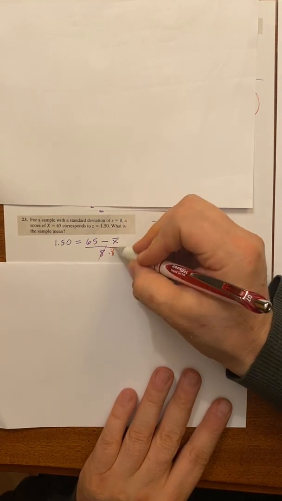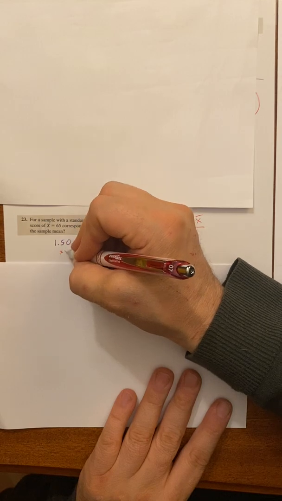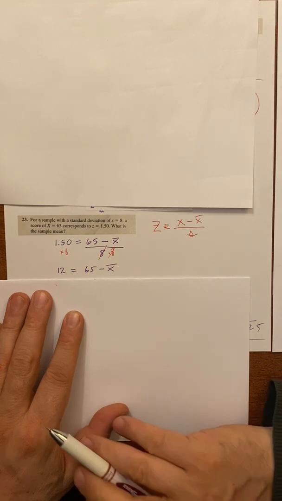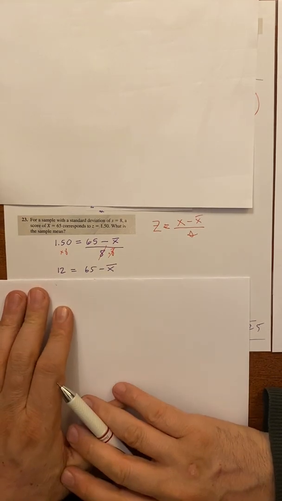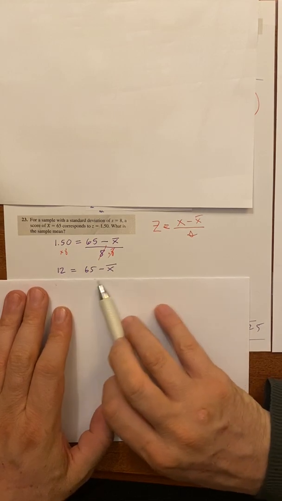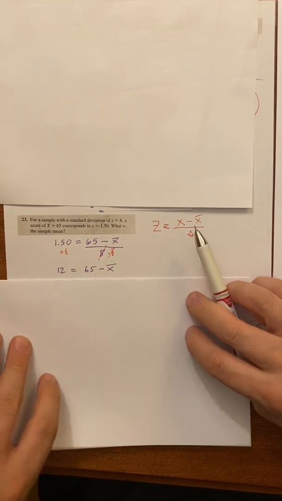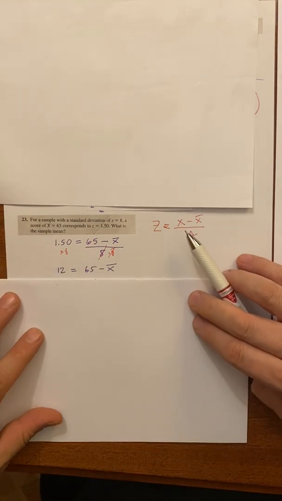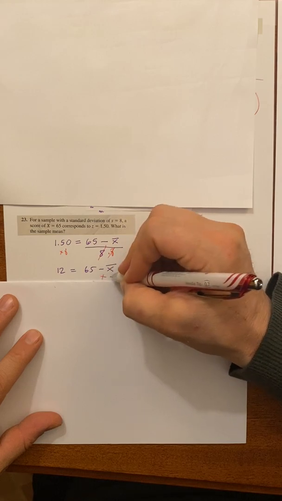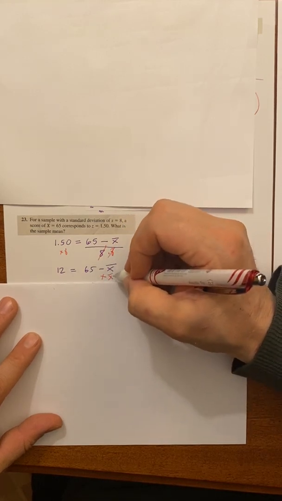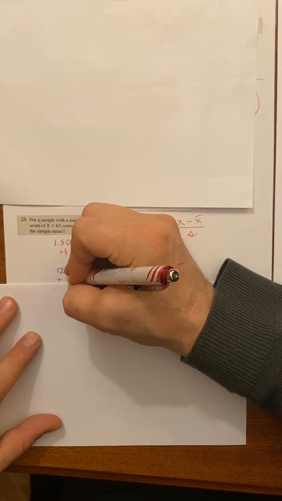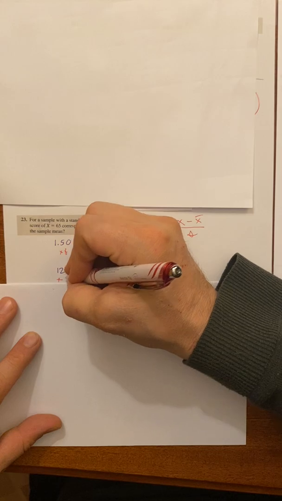When I do, it cancels on that side, but then I have to multiply it on this side, and so that gives me 12 equals 65 minus x bar. So now I've got this problem where if I move the 65 out, then I'm left with this negative x bar. So to avoid being left with the negative x bar, I'm going to add that x bar on this side, and then add the x bar on this side.